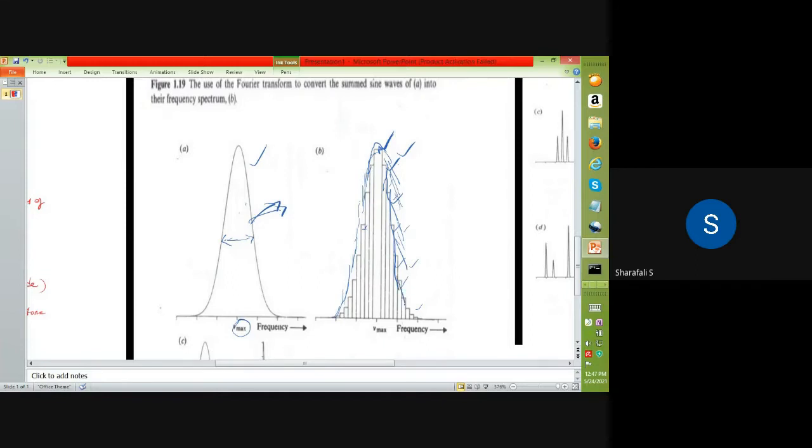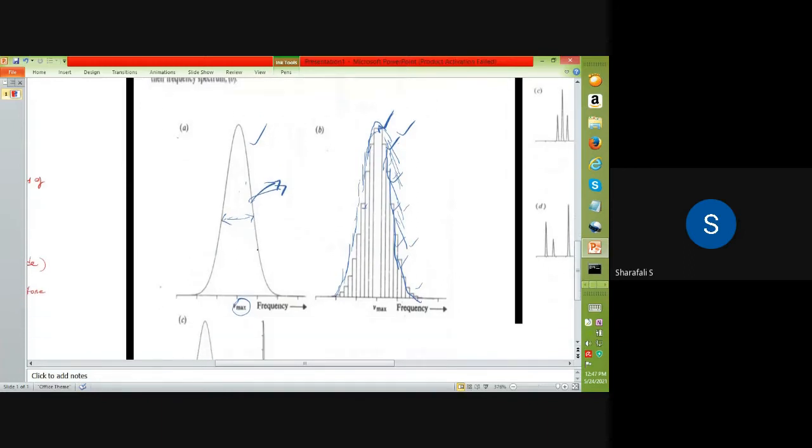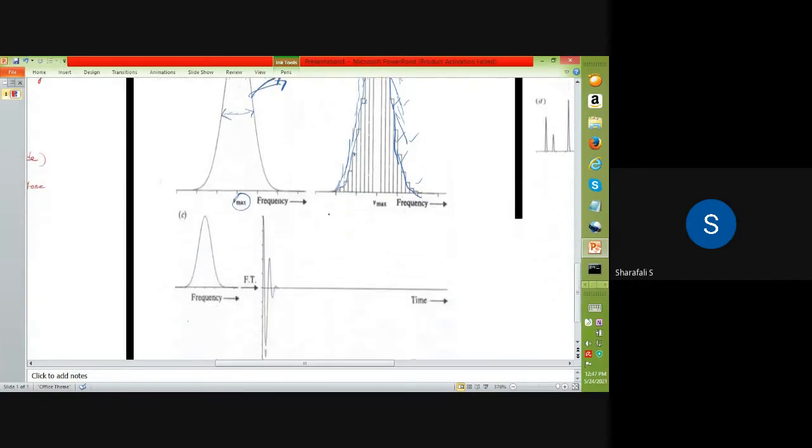This is just a histogram. The center of the histogram has to be joined when you draw that curve. This center has to go through this center. Anyway, we are not going to discuss the histogram. So that will result in that spectra.